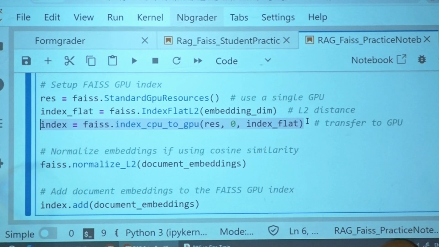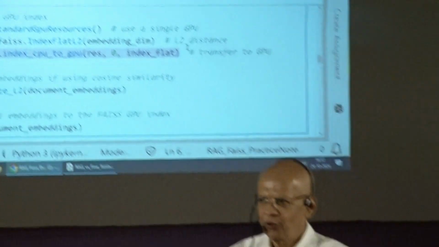Typically, how do you choose a GPU? Before you do this, you would go to the A100 and ask it, how is your GPU load? Then you would pick the GPU which has the least load and put the index on that GPU. So to get the GPU number, we would query the NVIDIA A100. It will tell you, these are my 4 GPUs, and on each GPU, this much load is already there.